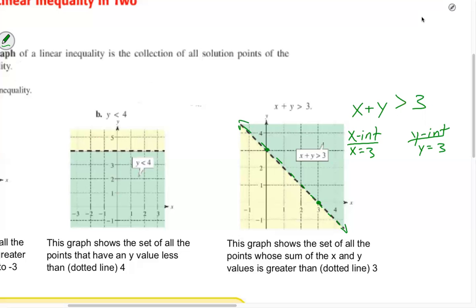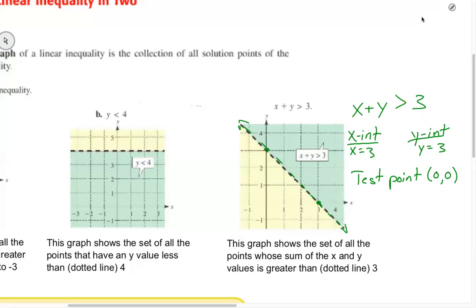Now, here, this is difficult to determine whether it's above or below. So the way I do it is I take a test point. The test point is 0, 0. Why 0, 0? It's easy to plug in 0, 0, right? Now, there are times you can't choose 0, 0. Say if my line went through the origin, I couldn't pick that point. So you want to pick a point that's off the origin in that case, maybe like 1, 0 or 0, 1.